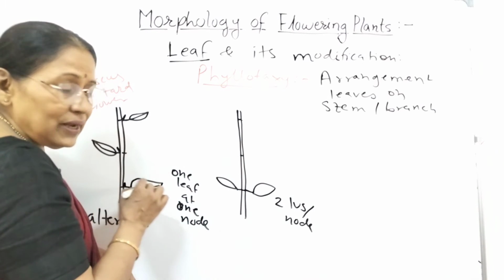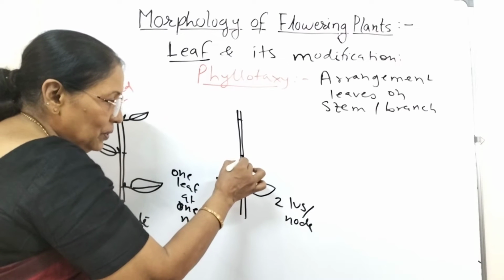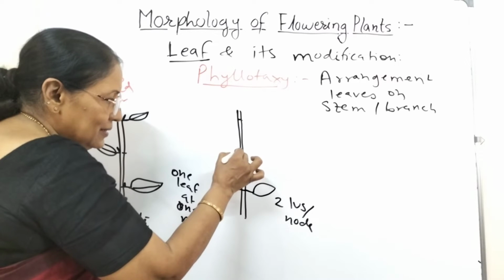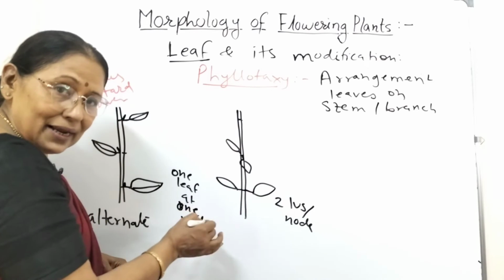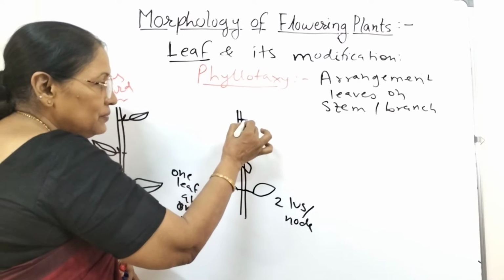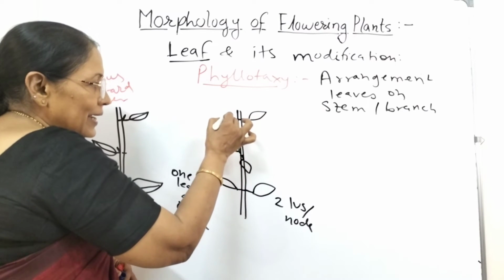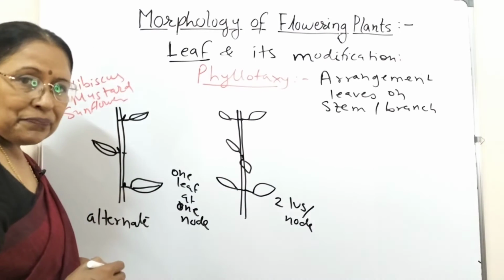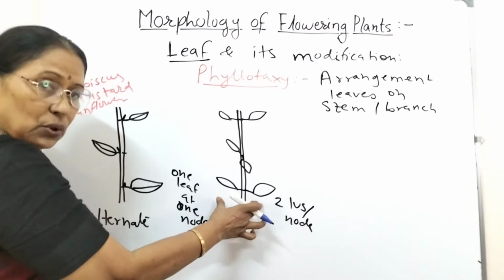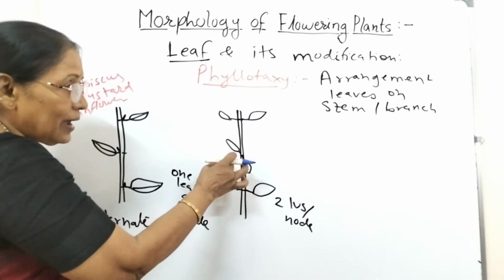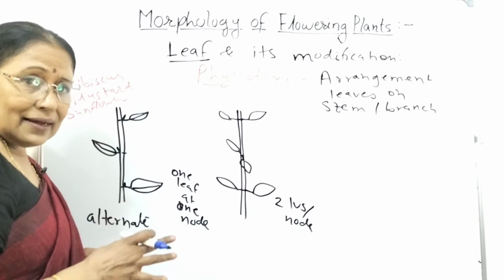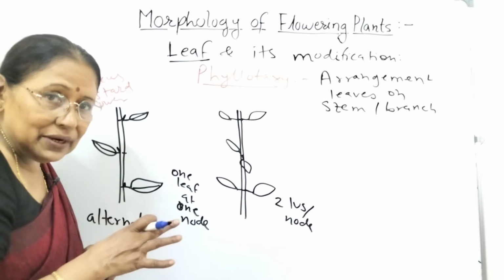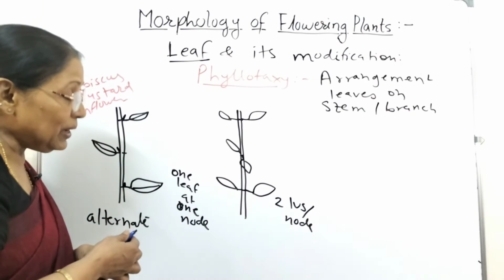Here also two will come out, but they are arranged like this कि उनकी छाया नहीं पड़े नीचे वाले पे. Again this one, this is like this. So in case of opposite, two leaves per node are arranged, taking care that their shadow is not falling on the one which is below it.